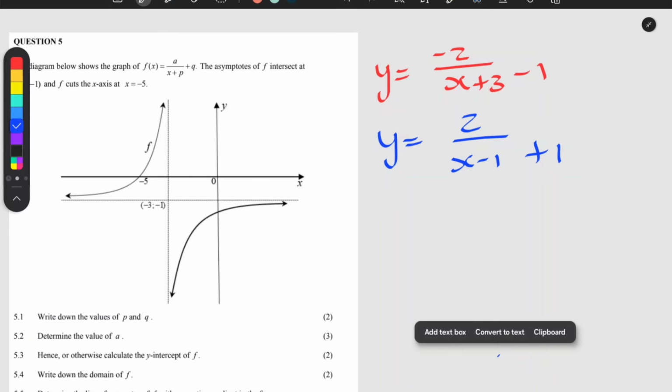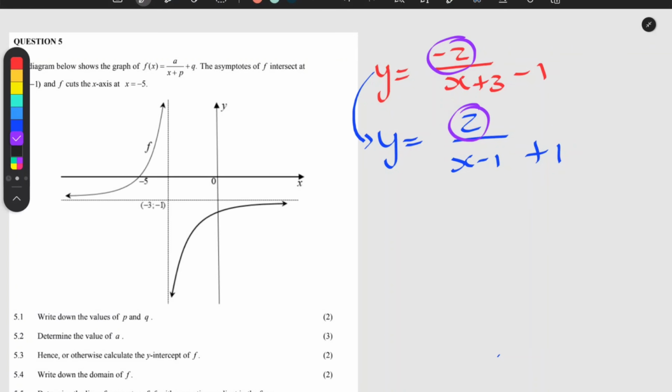The first thing I notice is that this negative 2 is now a positive 2, and this negative 1 is a positive 1. So all the signs changed. The signs of the fraction changed: there was a negative in front, now there's a positive. And the sign of the horizontal asymptote also changed.